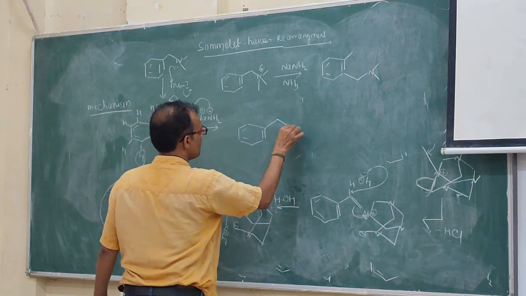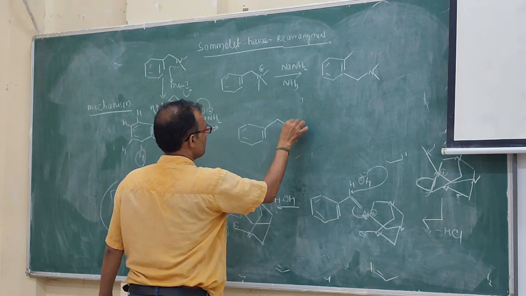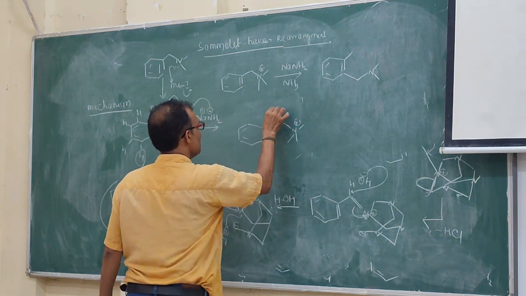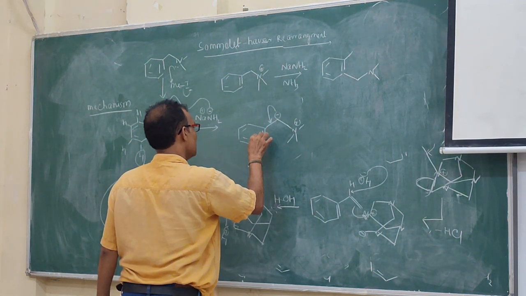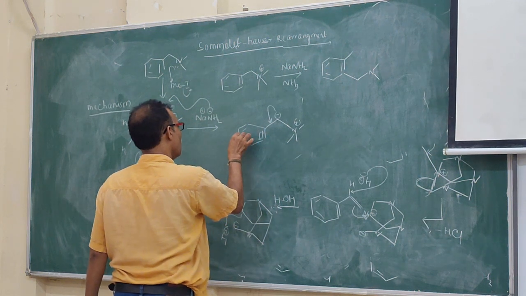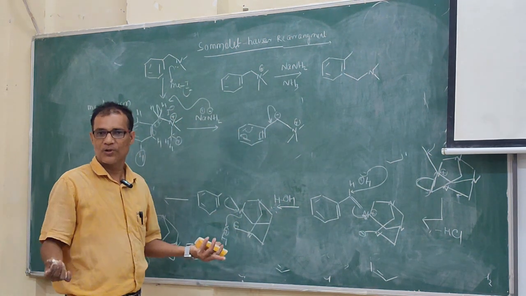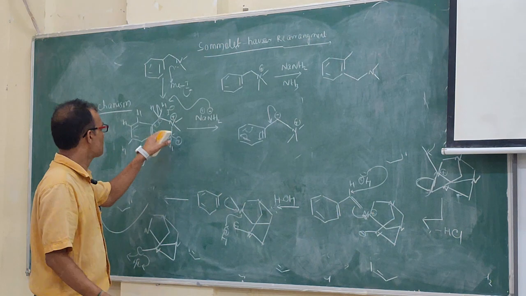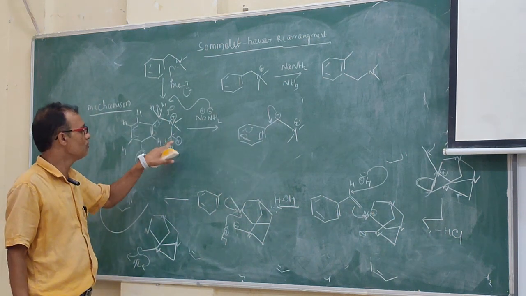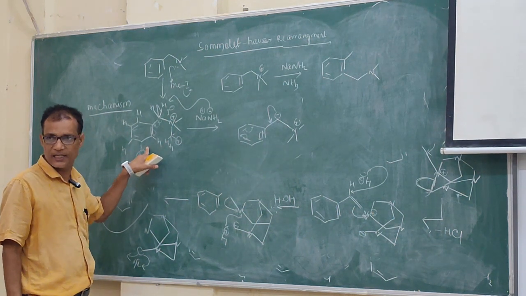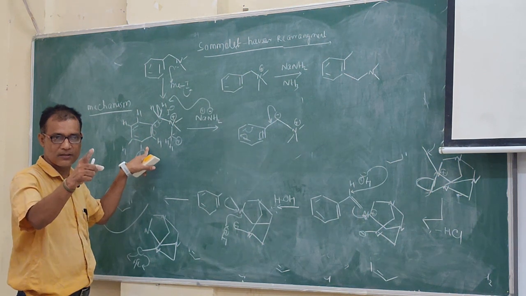Then this plus, so you have minus. So this minus you can stabilize. See, it will go a long way. So that's why this proton is more acidic in comparison to this proton and this proton. Clear? You got it?